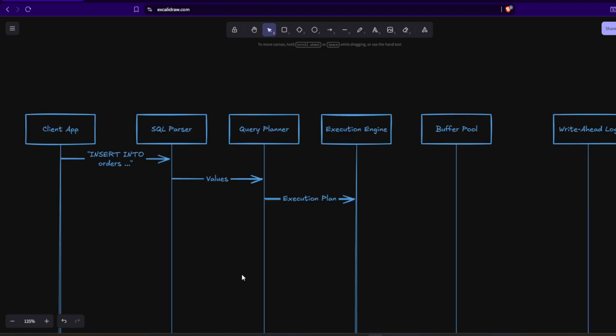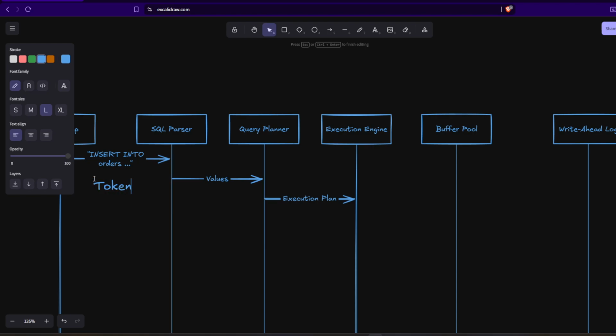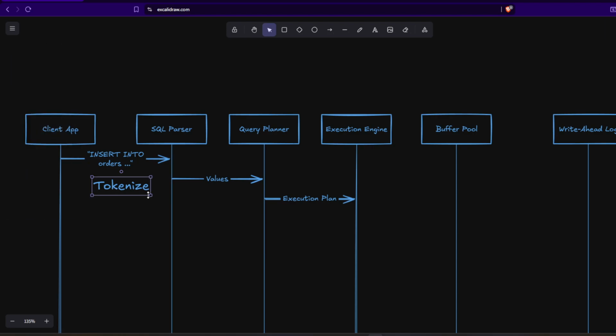So what this parser does is it tokenizes. If we write it in a more generic manner, it tokenizes the statement for the better understanding of the DB engine system. It also creates something like an abstract syntax tree, which we do not have to worry about much right now.